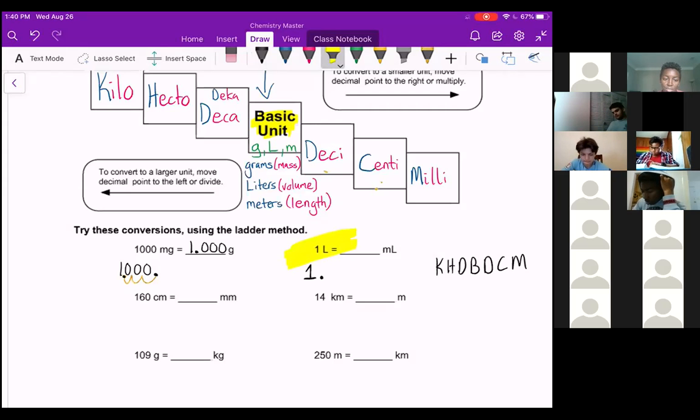Just the L. Okay, so this is just the L, there's no prefix. Fisher, where do you think we would start? The basic unit box. Yes, the basic unit.